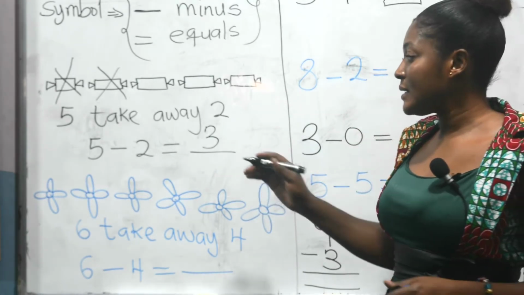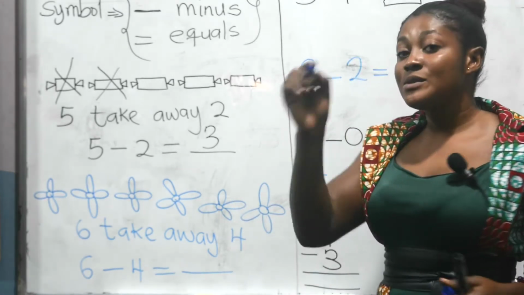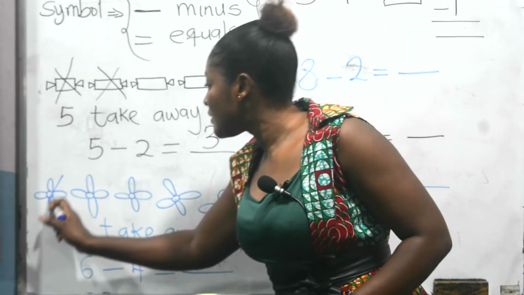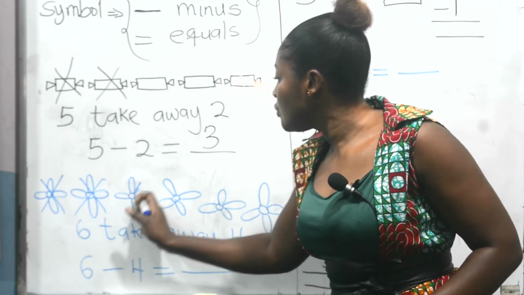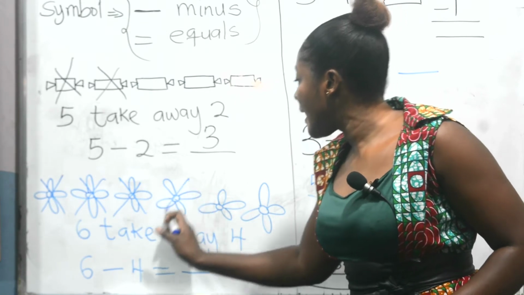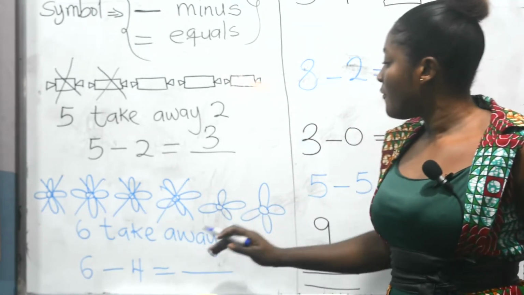So guys, now let's get into it by crossing it. So now I'm going to use my blue marker. Let's cross it by counting 1, 2, 3, and 4. So I've taken away 4 brooch from the 6.